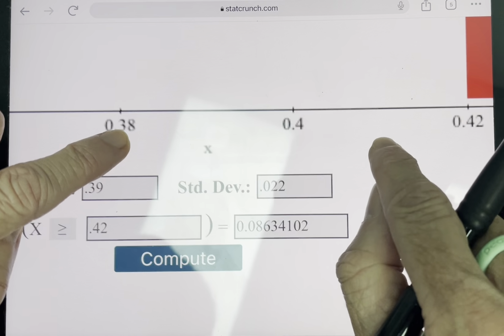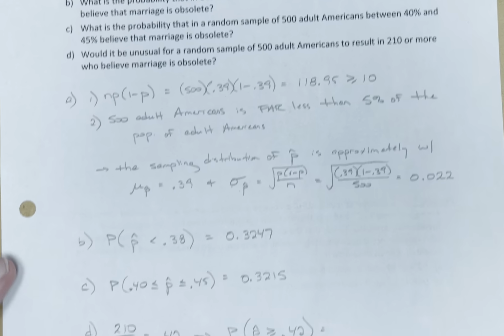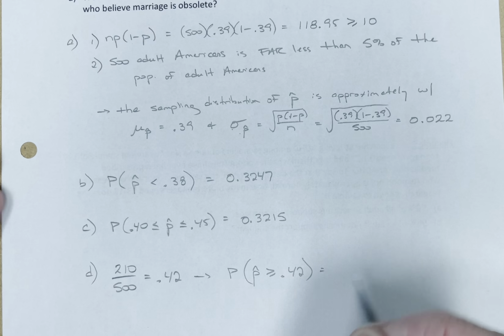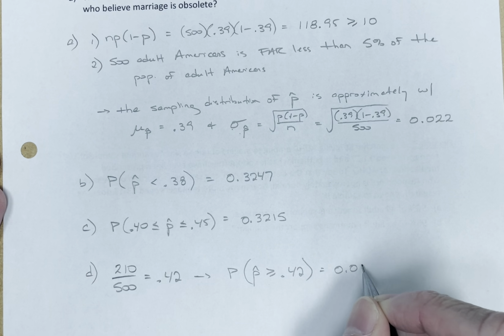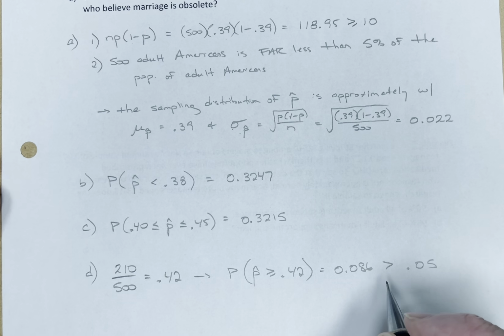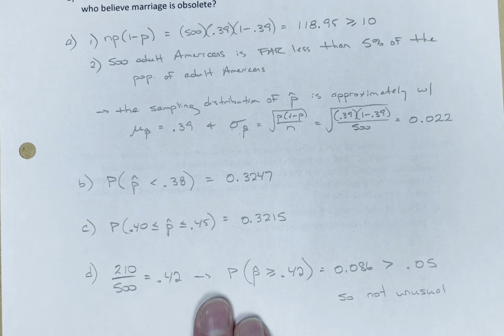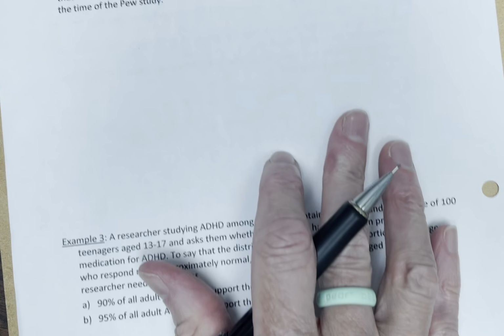Compute, and I come up with 0.086. So the probability is 0.086. Well, that is larger than 0.05, so not unusual. All right, let's take a look at 2 more examples.